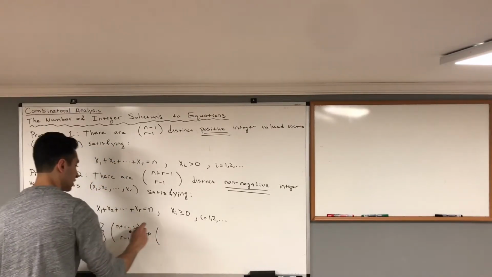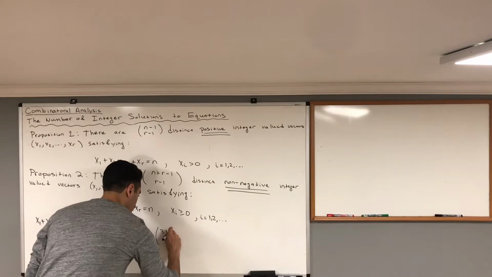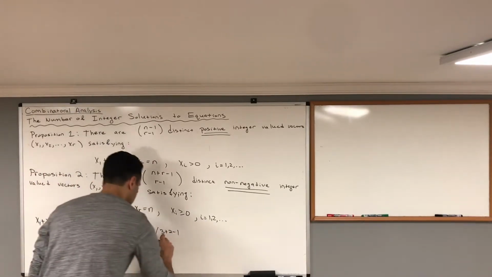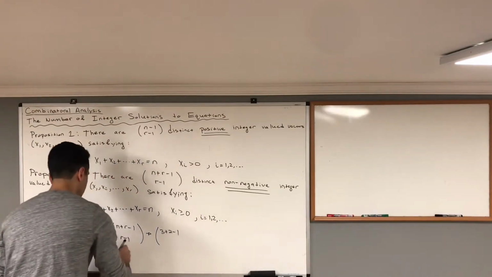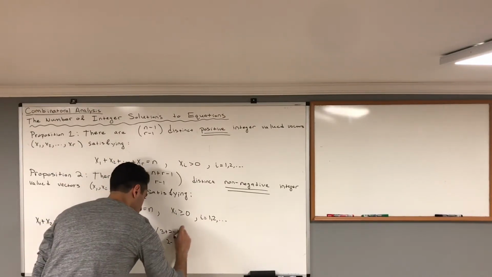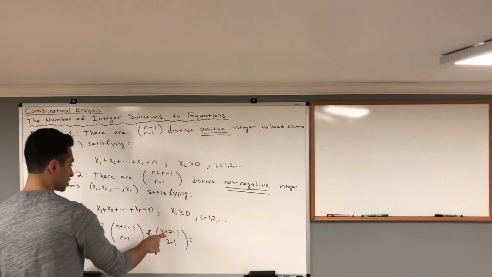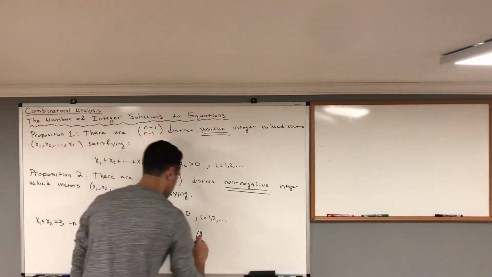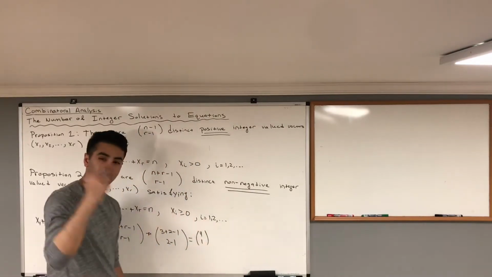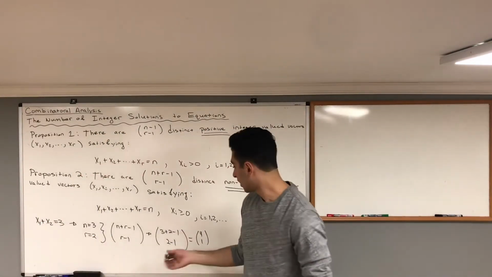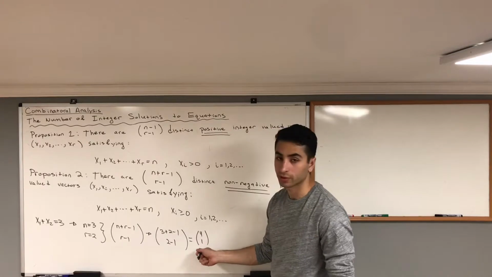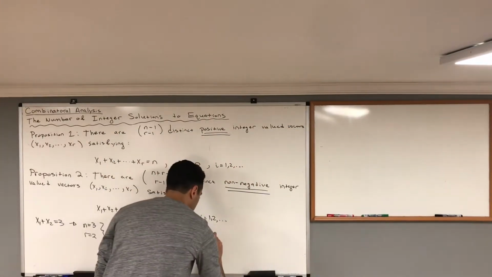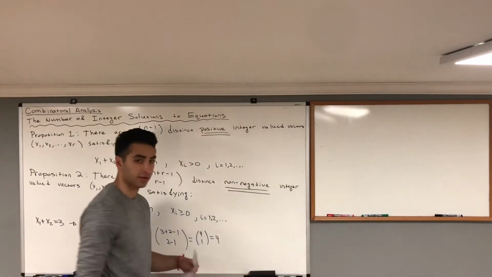So 3 plus 2 minus 1 choose 2 minus 1. 3 plus 2 is 5, minus 1 is 4. 2 minus 1 is 1, so you have 4 choose 1. If you remember back to the properties of combinations or multinomial coefficients, n choose 1 is just n. 4 choose 1 is 4, and you can just calculate that in your calculator.